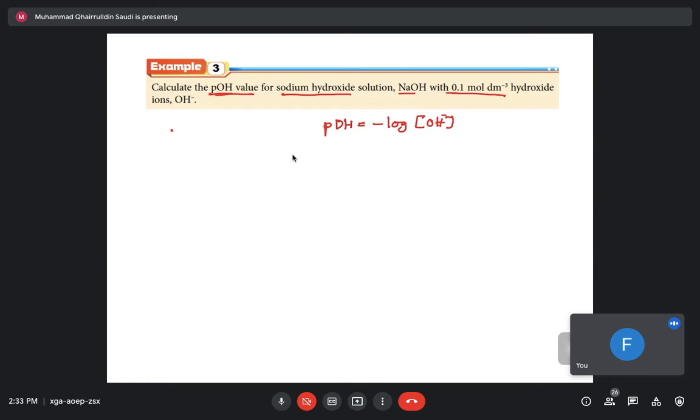So masukkan saja dalam formula pOH sama dengan negative log 0.1. So tekan calculator, you will get 1. So bila kita tahu pOH adalah 1, how about pH?